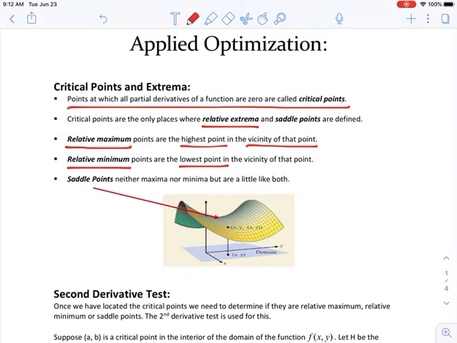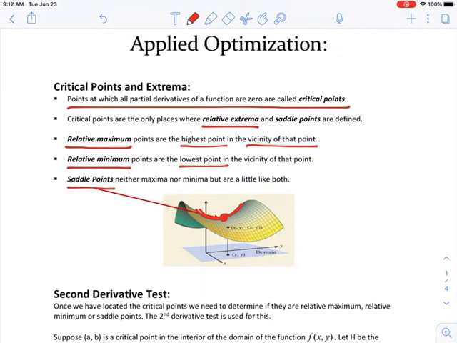Now, a new concept here is a saddle point. A saddle point acts as a minimum value or a maximum value depending on the perspective that you are looking at. So right here, if you were to look at this point, that appears to be a minimum value. But if you looked at this from a different perspective, it would look like a maximum value.